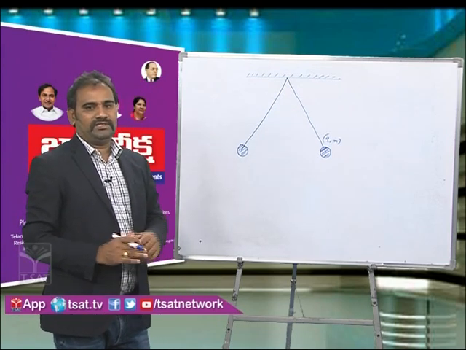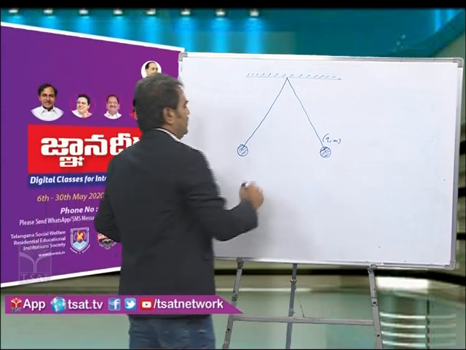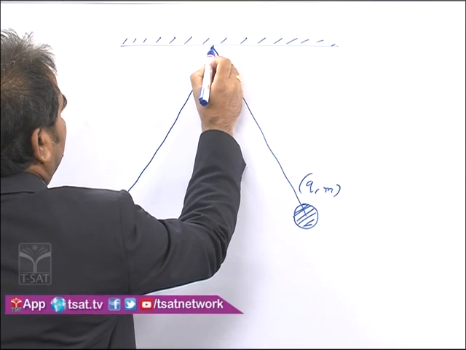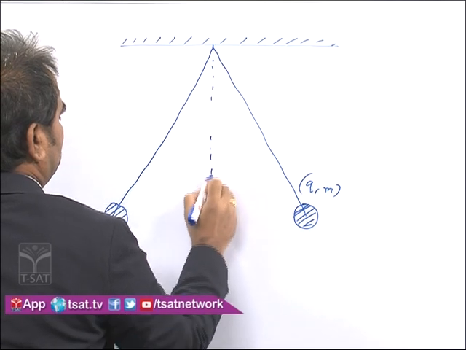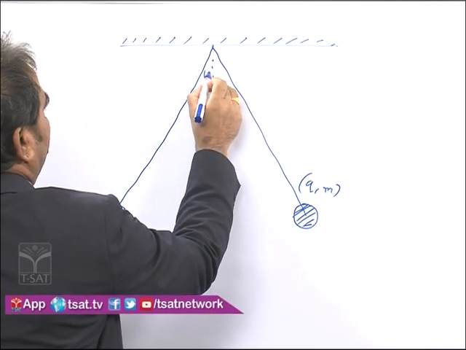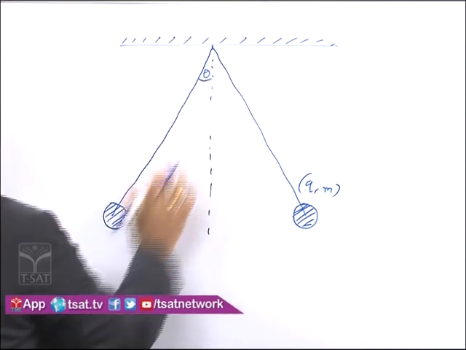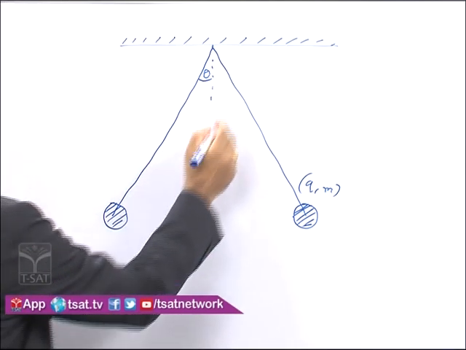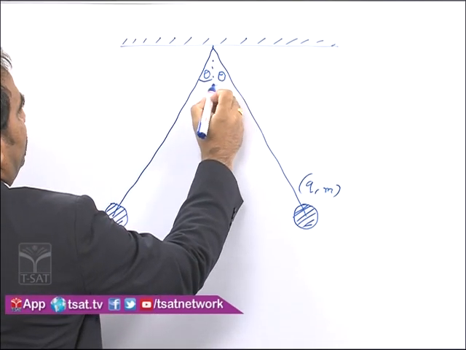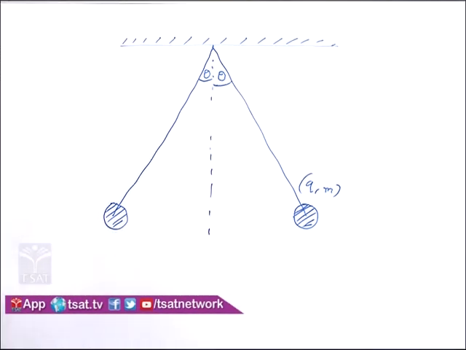At the equilibrium condition, each ball makes an angle theta with the vertical like this. This ball also makes some angle theta with the vertical.